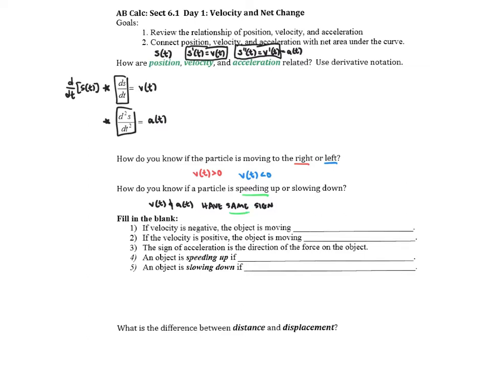Or slowing down, I'll go red, I guess. Slowing down if they have opposite signs. So if v of t and a of t have opposite signs. All right, fill in the blank.